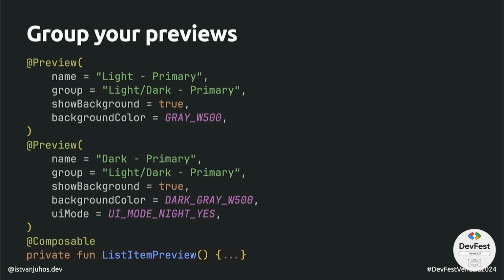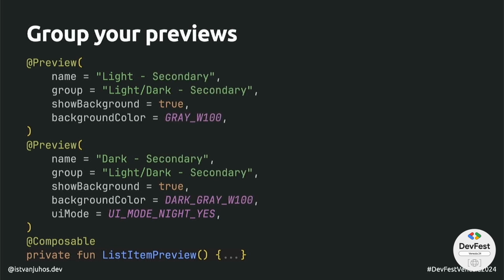Light primary and dark primary, meaning that this will be the primary background in light mode, the second the primary background in the dark mode. And we set the group to be the same here, same strings. These can be constants, of course, so that we group together these previews.